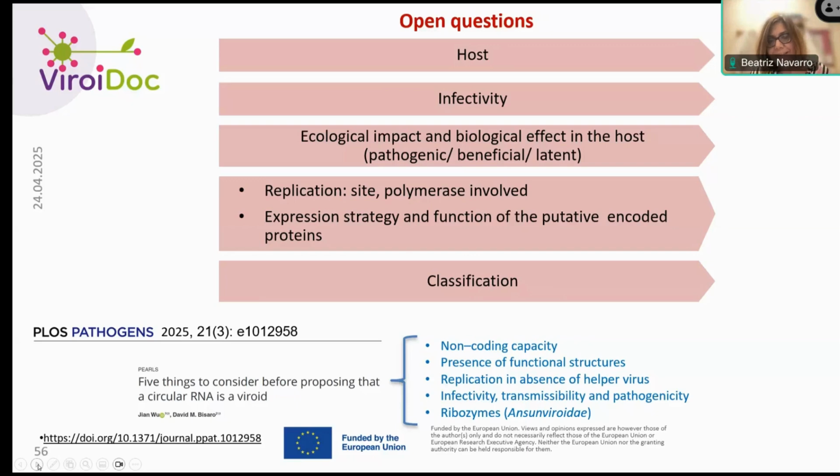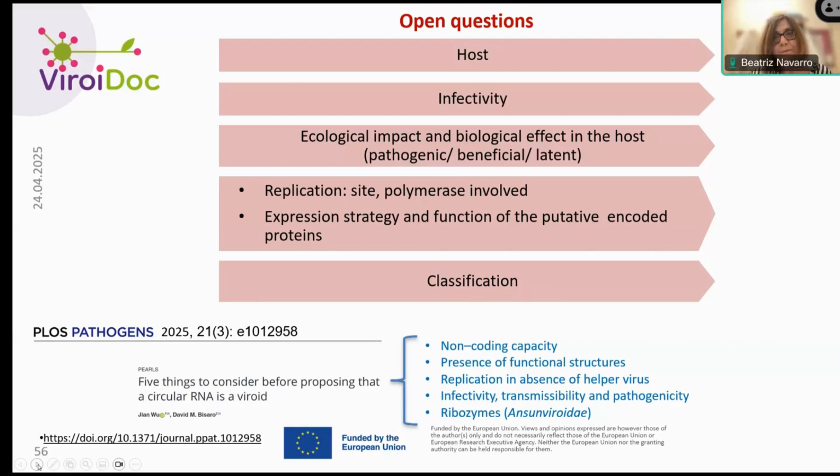So he said that it must not code for proteins, and must have functional structures, that's it. It must have a compact secondary structure, branched or rod-like, and must replicate autonomously without the presence of a helper virus.